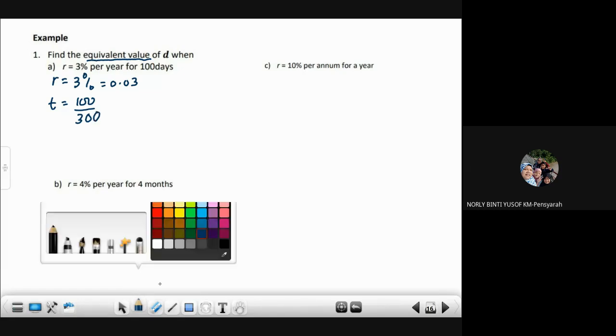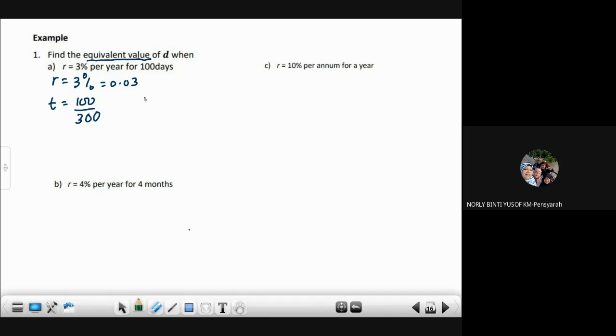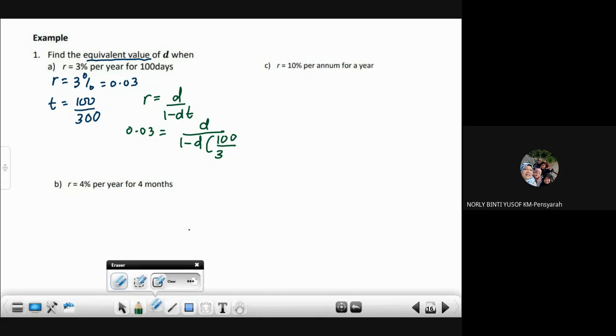Lepas tu you kira R equals to D over 1 minus DT. So masukkan 0.03 sama dengan D over 1 tolak D, 100 bahagi 360. Sekejap, saya rasa yang tulis salah. 360 bukan 300.